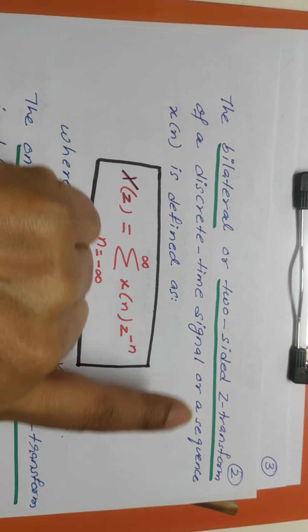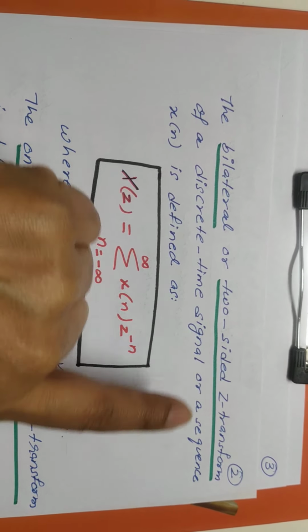Now coming up to the ROC part, region of convergence. What basically is a region of convergence? The set of values of z or the set of points in z plane. Basically z is nothing but a complex variable that we have already studied. Now in the z plane we'll be having a real axis and an imaginary axis. Now in z plane, the set of values for which the X of z converges is called the region of convergence.